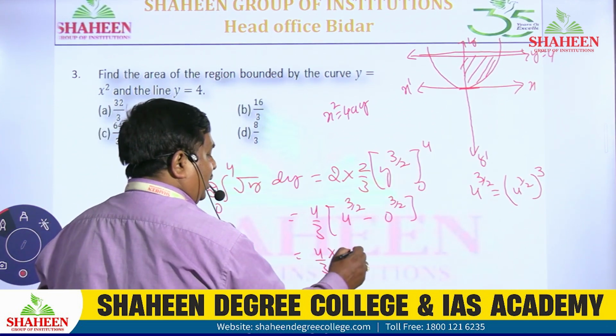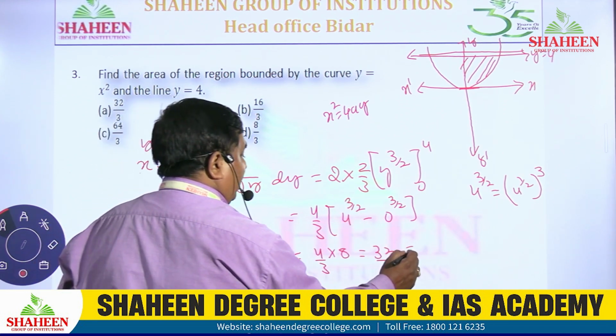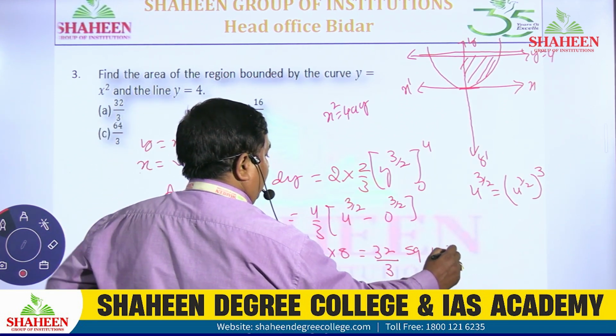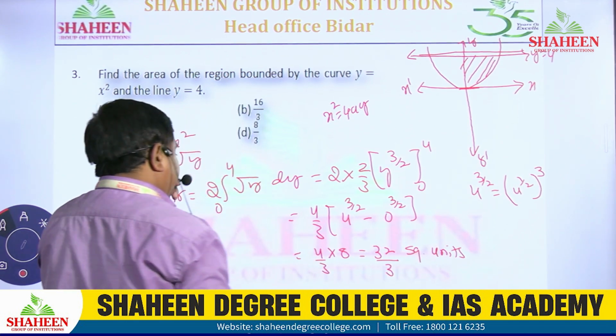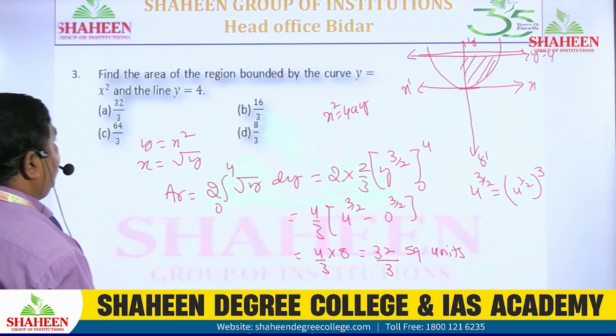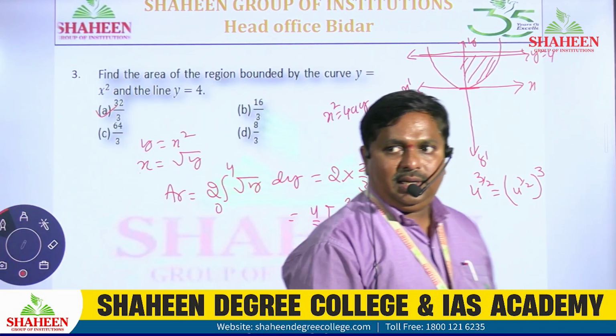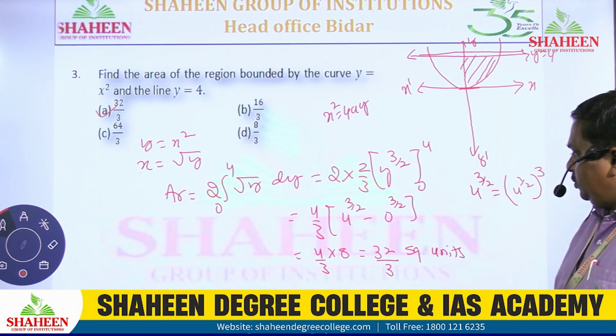That is 8. 8 4s are 32 divided by 3 square units. 32 by 3 square unit. Where is 32 by 3? The first option. The first option is correct, 32 by 3 square unit.